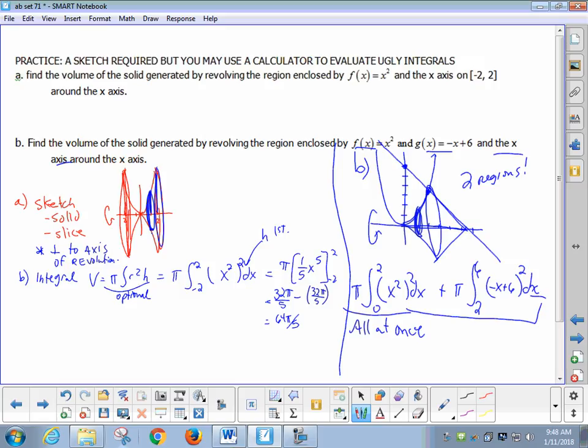If you want to do some simplifying, for example, like x to the 4th, and that first one, that's fine. Don't forget both pi's.